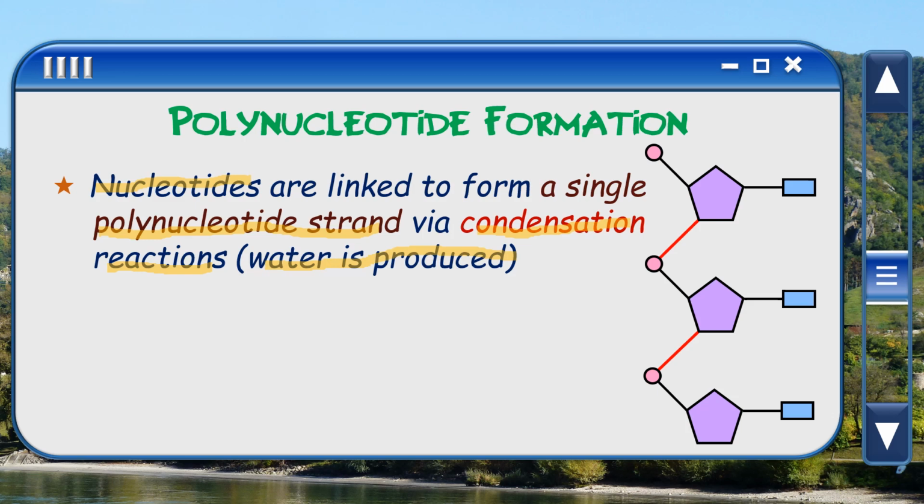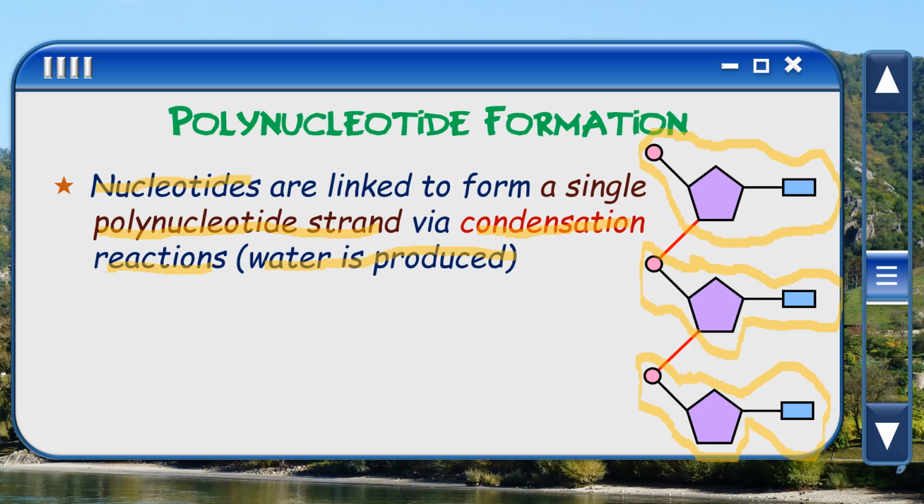Now let us look at our structure and see. This one here is a nucleotide. That one is a nucleotide. And when you come down here, this one is also a nucleotide. And this one here is also another nucleotide.